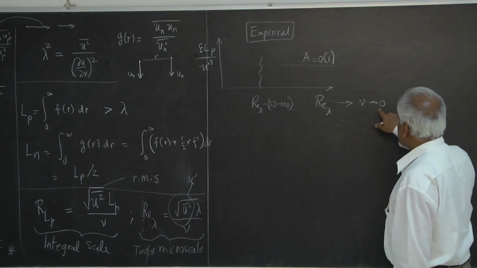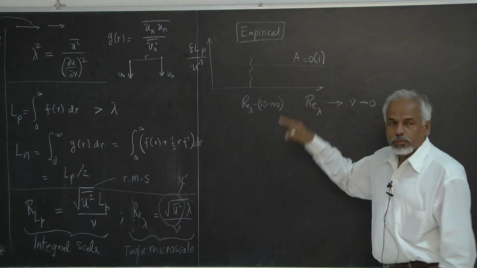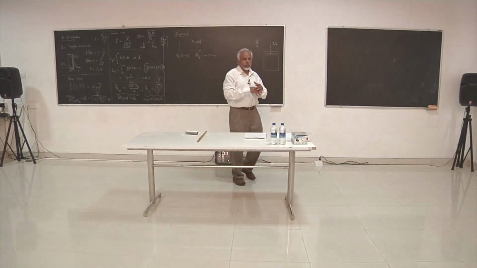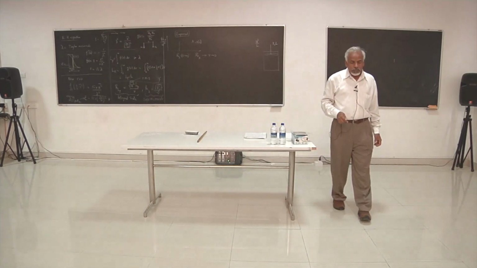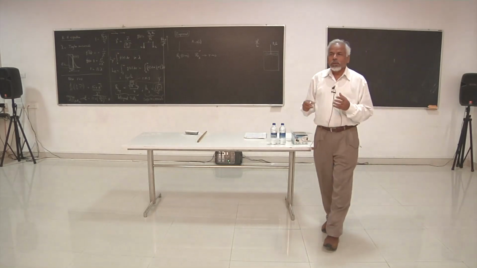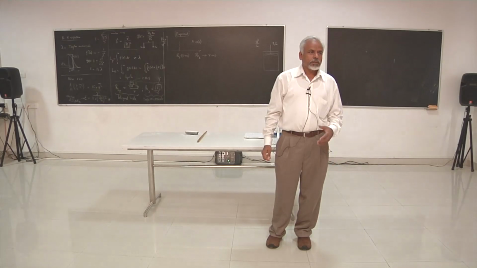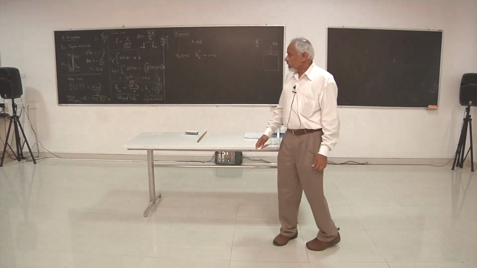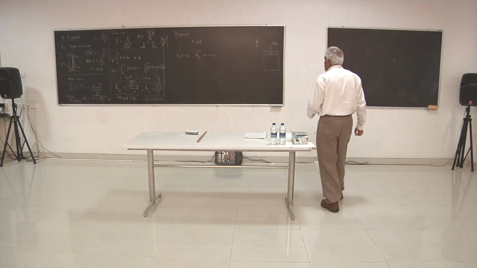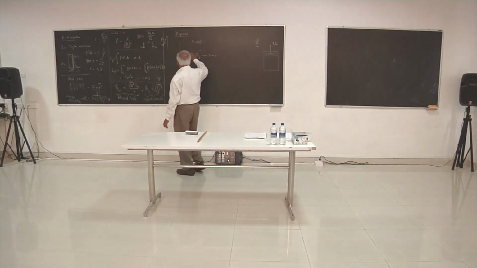Even when viscosity is going to 0 or becoming very, very small, turbulence is dissipating energy the same way. That's extraordinary in a way. That, I think, is one of the defining characteristics of turbulence, that it has finite dissipation even in the limit of vanishing viscosity.